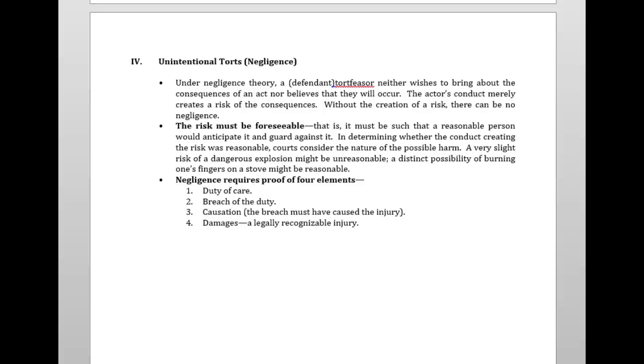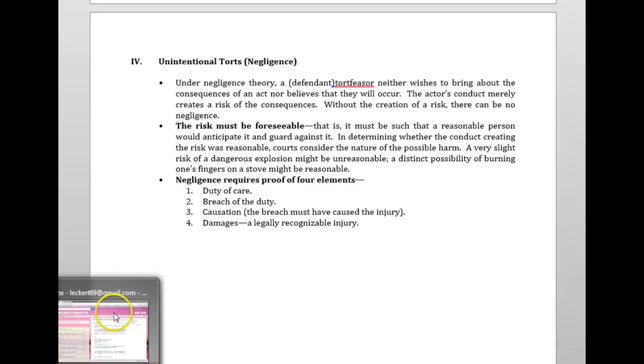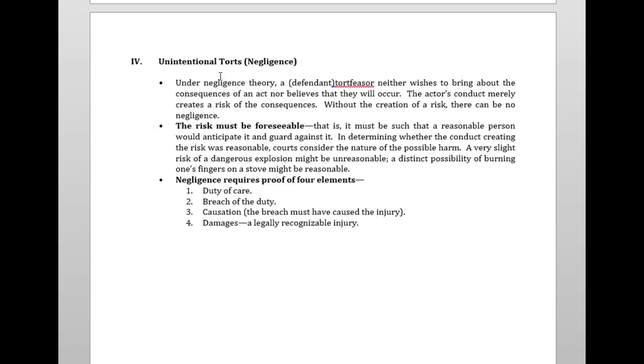Part 2 of torts, and we're now looking at unintentional torts. The difference between intentional and unintentional torts: with the intentional tort, the defendant had intent and knew or could foresee their actions could cause harm.